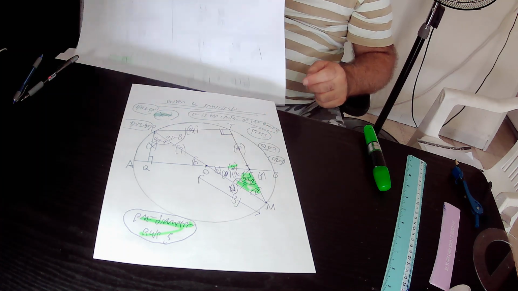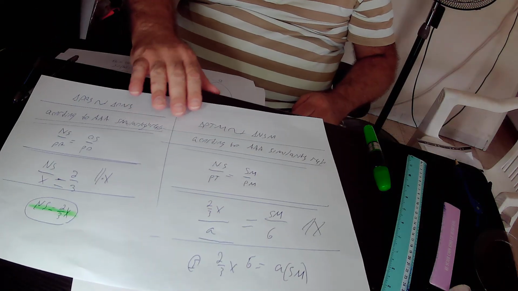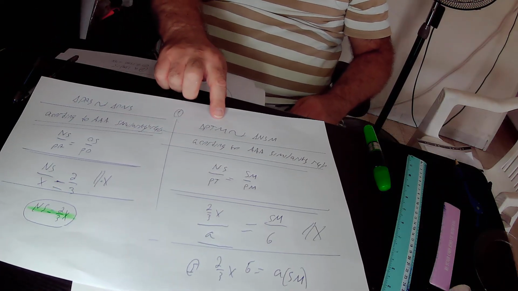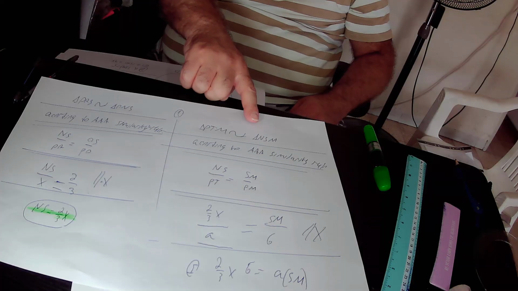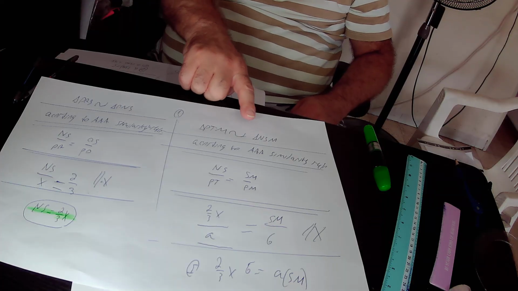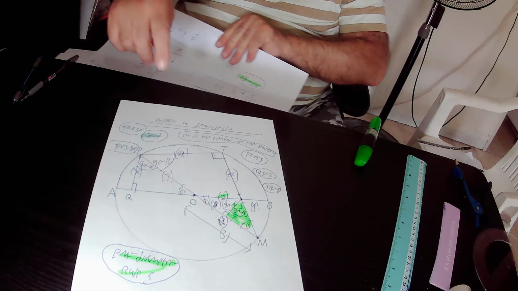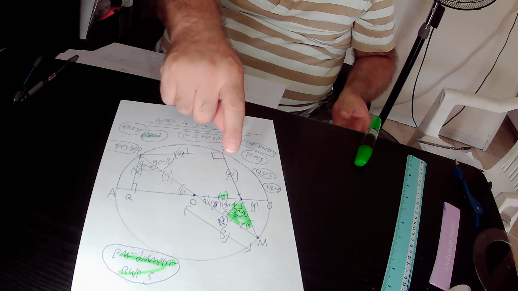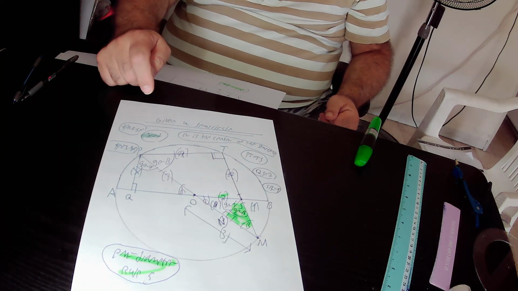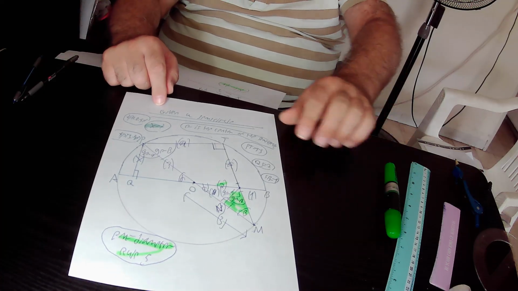So the big right triangle PTM is similar to the small green right triangle NSM according to the angle similarity rule. And from the fact that the big right triangle PTM is similar to the small right triangle NSM, we derive that the following relationship exists between their sides.